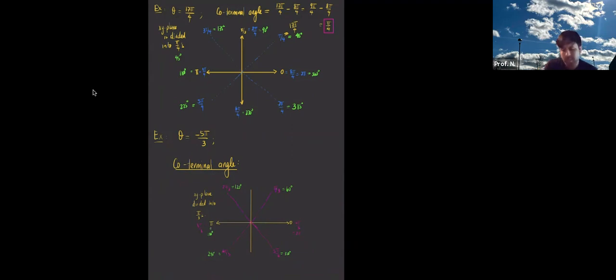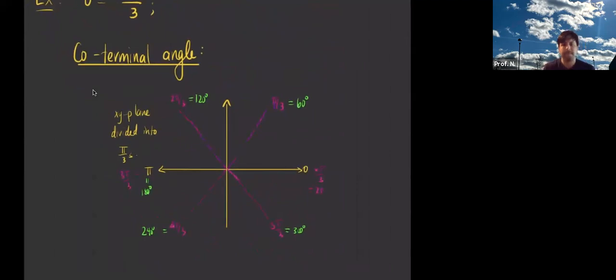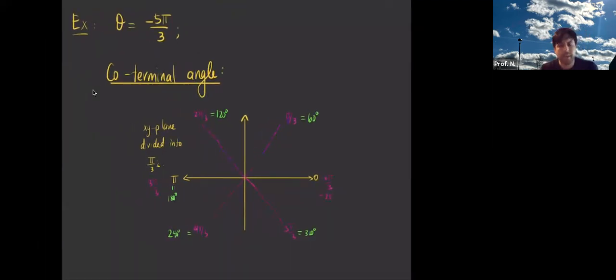And again, using this diagram might help. So someone says, I'm in quadrant 4. Be careful. It says negative 5 pi over 3, not positive 5 pi over 3.